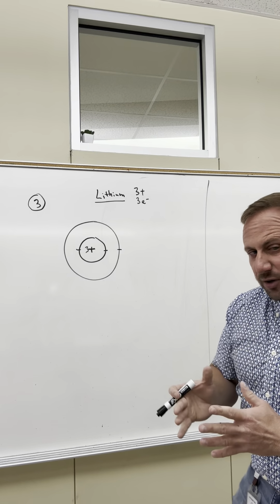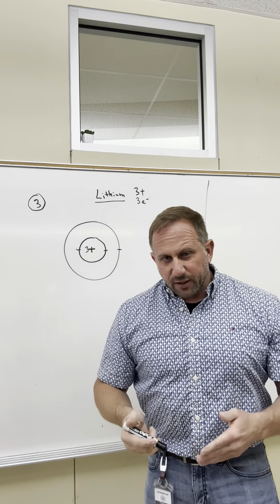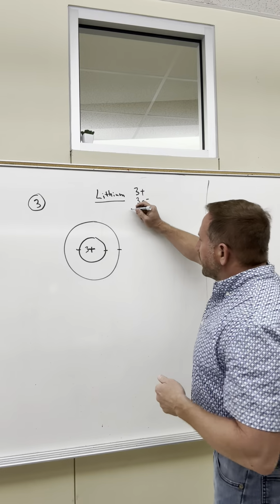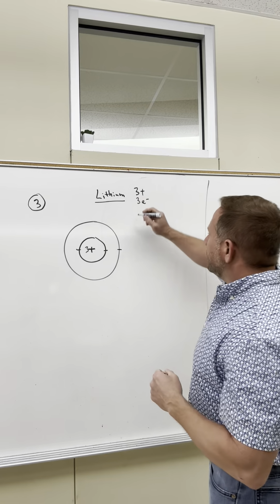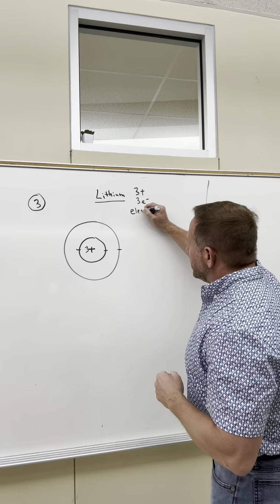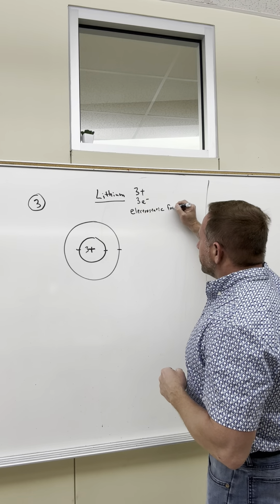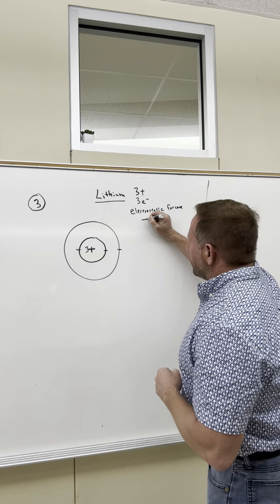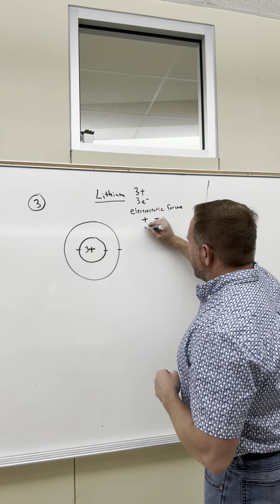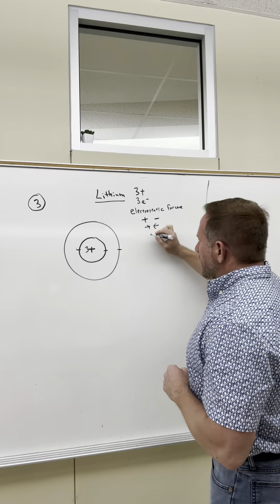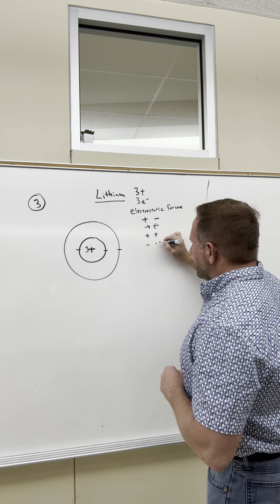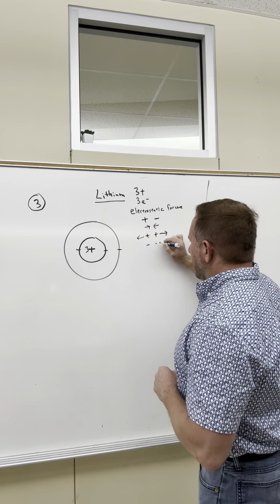Now, why does it have a structure like this? What are some fundamental ideas that we need to keep together here? Well, one of those fundamental ideas is electrostatic forces. And that is that opposite charges are going to attract, and like charges are going to repel.